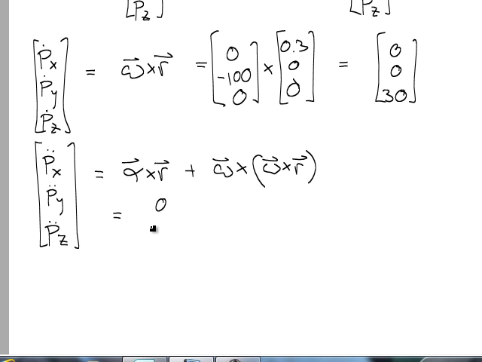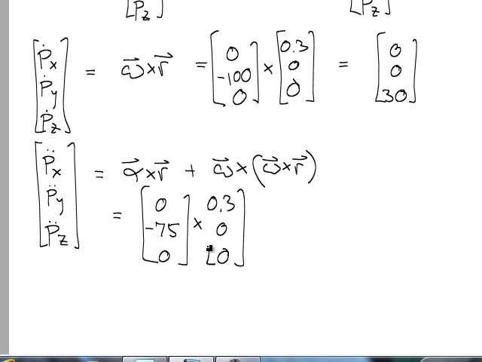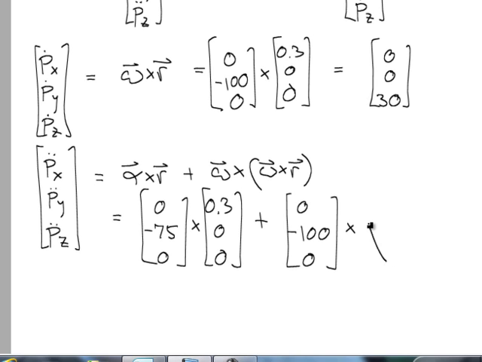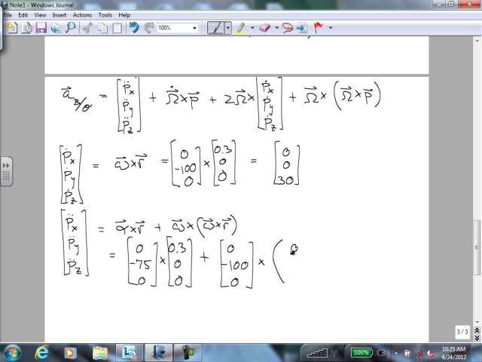R is 0.3, 0, 0. Omega is 0, negative 100, 0, crossed with quantity 0, negative 100, 0, and the r vector is 0.3, 0, 0. If you do that whole calculation, I got negative 3,000, 0, positive 22.5.